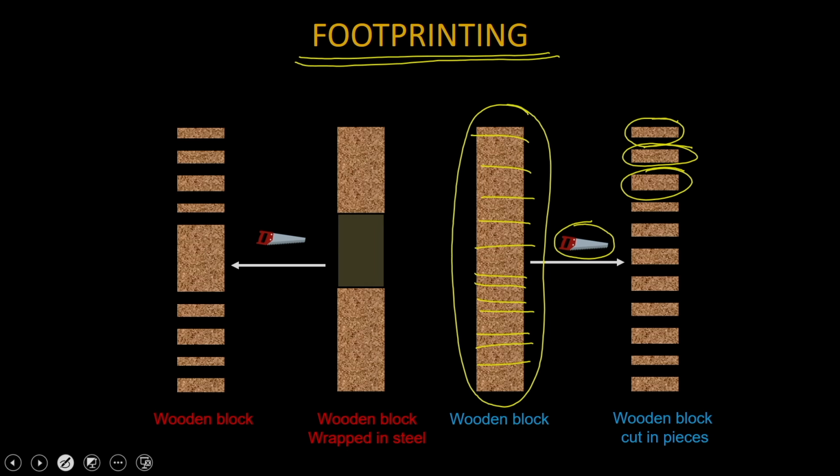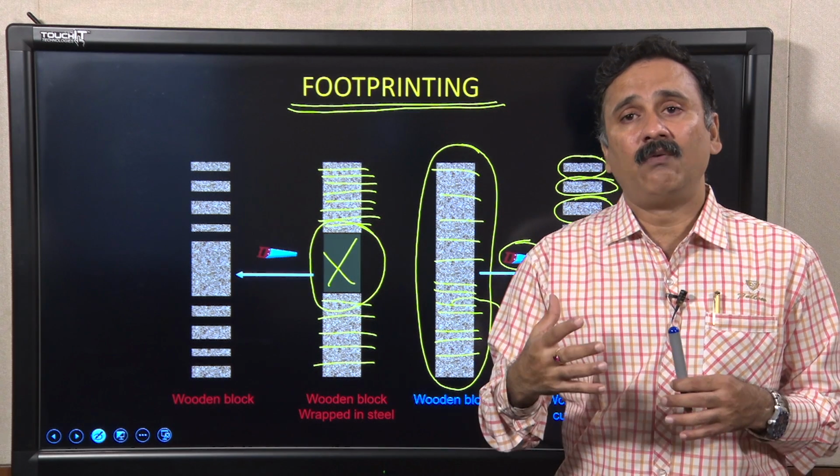Now, if you wrap this wooden block with some steel pipe or something, then you will be able to cut the wooden block at the same location with the help of the cutter, and you can cut at the lower side as well, but you will not be able to cut at this point because it has been protected by the steel.